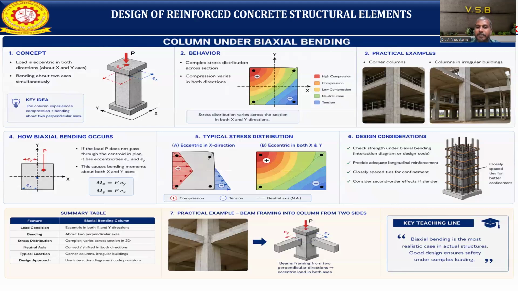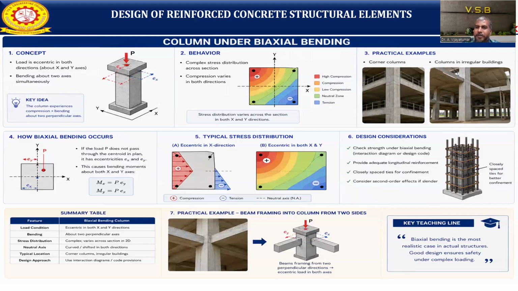Next, this is a typical stress distribution in both x and y directions. Here you can see the compression as well as the tension, and the neutral axis changes. Based on the moments, we can design the reinforcement detail. What are the design considerations when designing for biaxial bending?